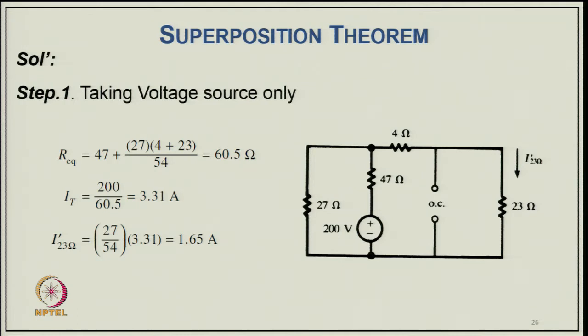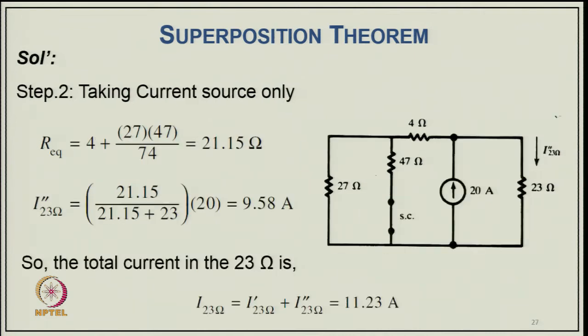This is the current IT coming from this voltage source. Now we can find the current I dash in the 23 ohm. That current will be divided into two parts: 27 ohm divided by the total resistance of 54, into 3.31, and that equals 1.65 ampere.